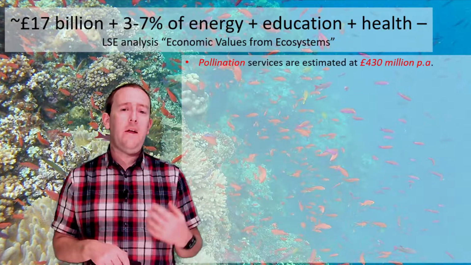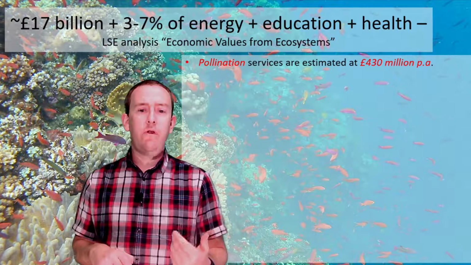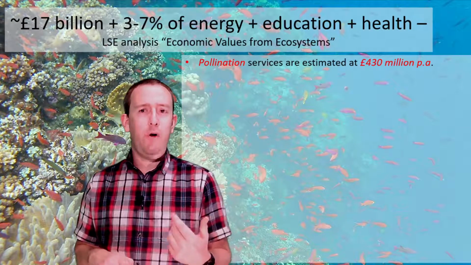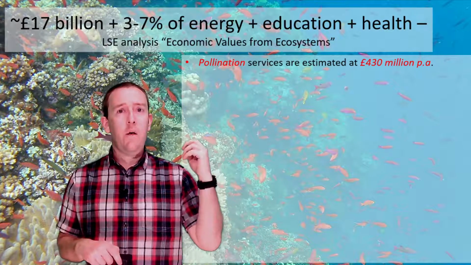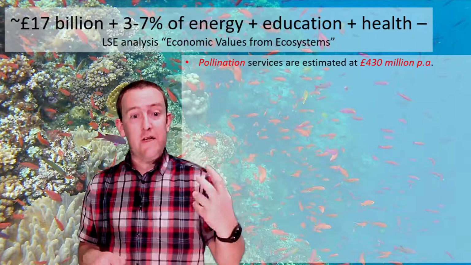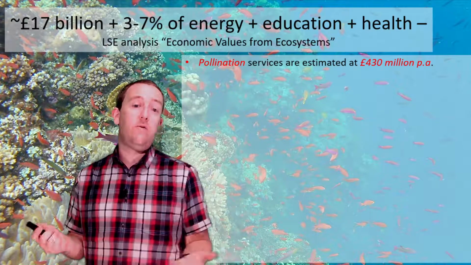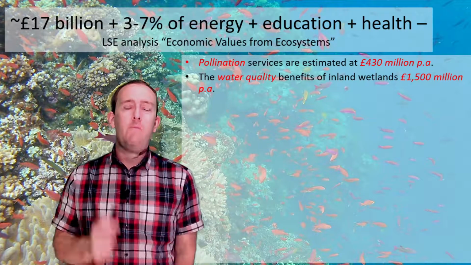Here's a couple of things. Pollination in the UK has been valued at £430 million per annum. This is part of a £17 billion boost that we get in terms of our ecosystem services from the ecosystems on our land. Water quality, £1.5 billion.